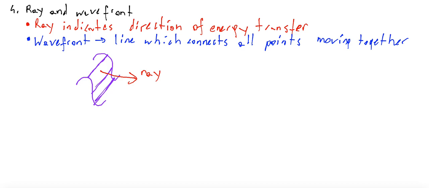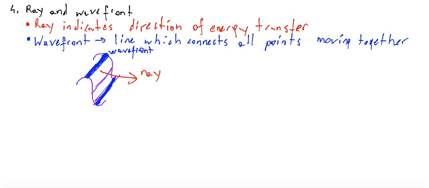And the wavefront: let's connect all tops of the waves. This line represents a wavefront, all points which are moving together, all points which behave in the same way. Of course, we can identify another wavefront, all bottoms of the wave. If you connect all the lowest parts of the wave, then we have also a wavefront. So a wavefront is a line which connects all points that are moving together.